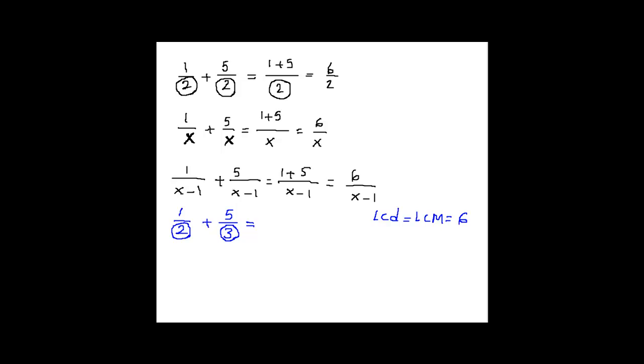So in this case, we need to multiply the first fraction here by a factor to make 2 equal to the LCD. So we need to multiply it by 3/3.